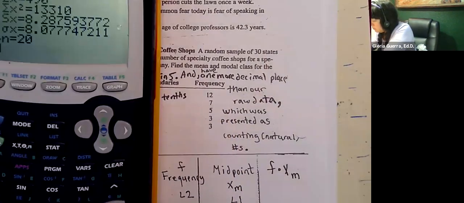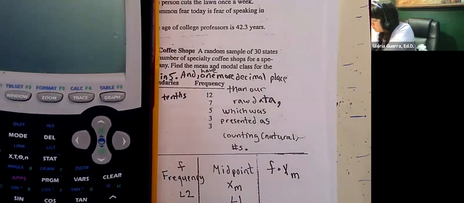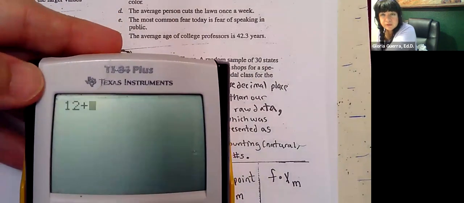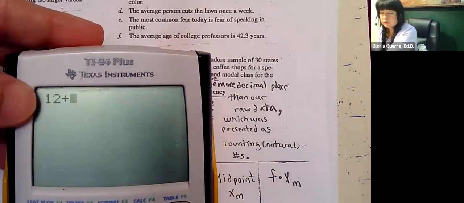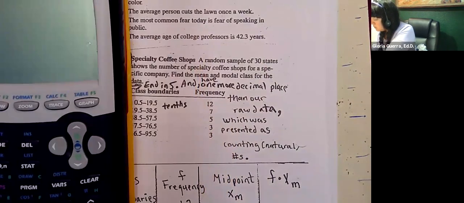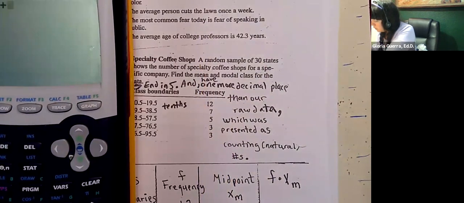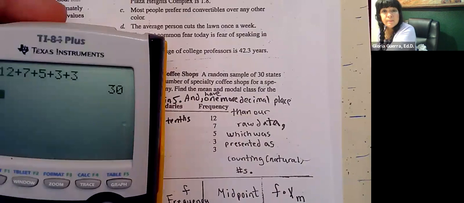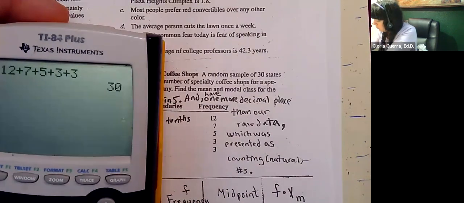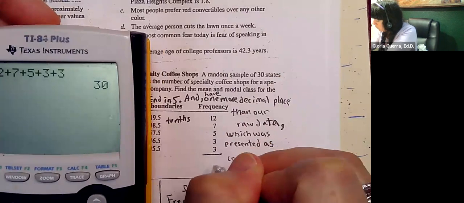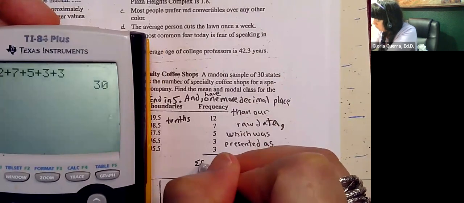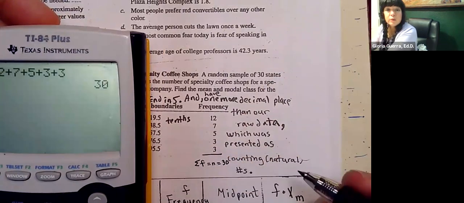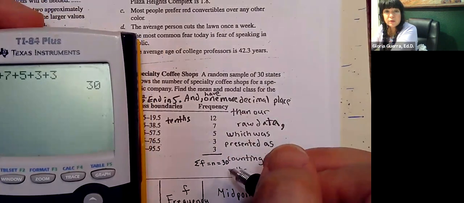I add up 12 plus 7 plus 5 plus 3 plus 3. Yep, that gives me 30. So the summation of f, which they're calling n, is 30.